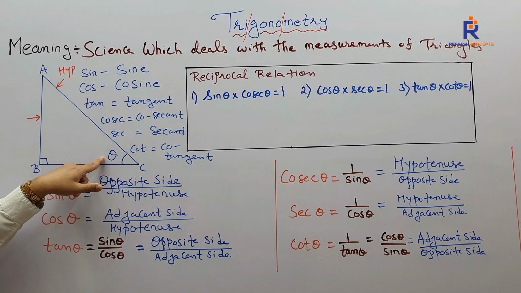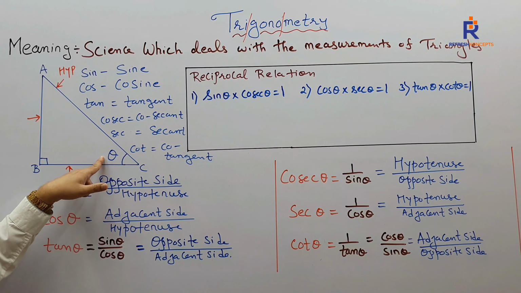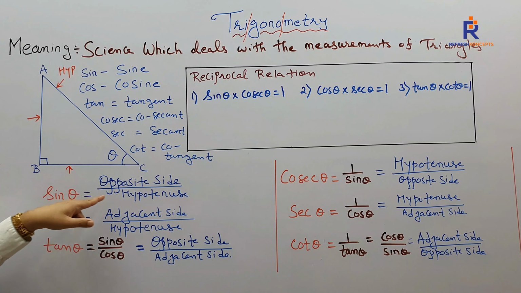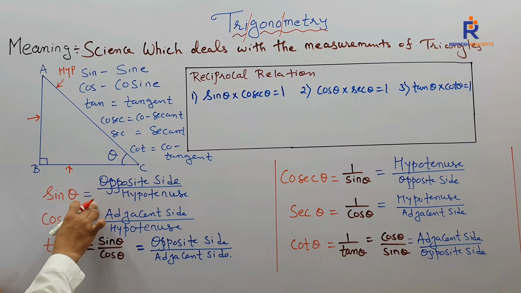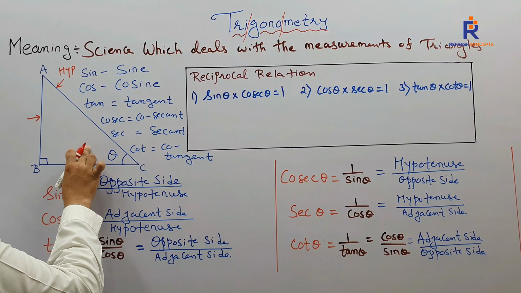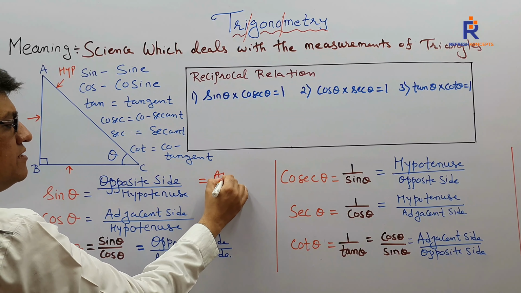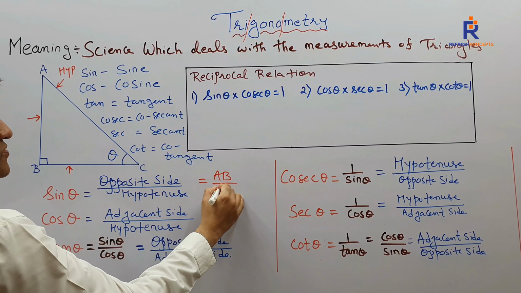So if this is my theta, what is the side opposite to this theta? Side opposite to this theta is AB. And what is hypotenuse? Hypotenuse is AC. So if I apply sine of an angle in this right angle triangle, the answer works out to be opposite, which is AB, by hypotenuse, which is AC.